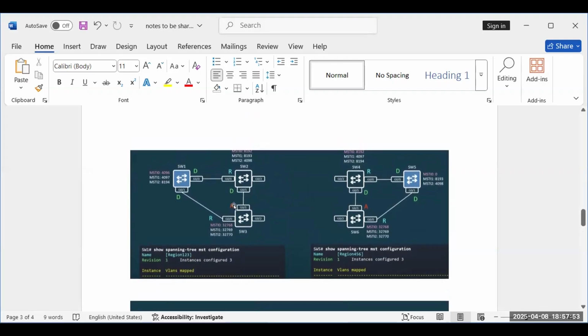If you go and see the bridge priority that is configured, the default MSTI instance 0 for this segment of the network is 4096, and for this segment we configured it as 0. So if you consider only this segment, this is elected as the root bridge. Both are designated ports on the root bridge.